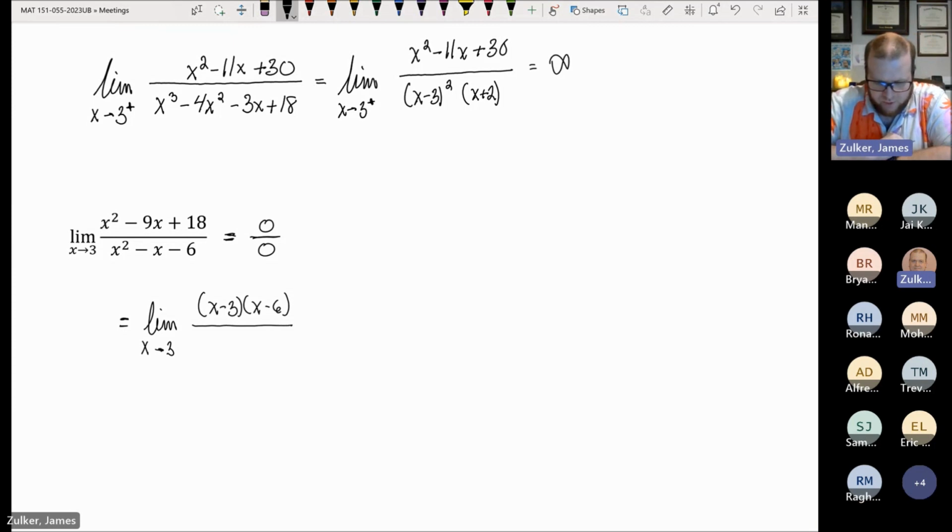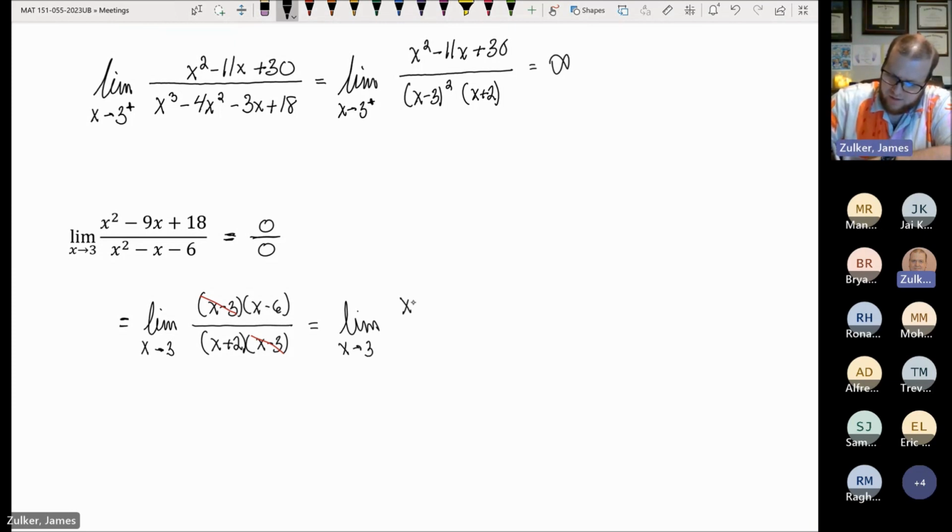Here we get 3 and 2. 3 is negative. We'll get what? -3/5.